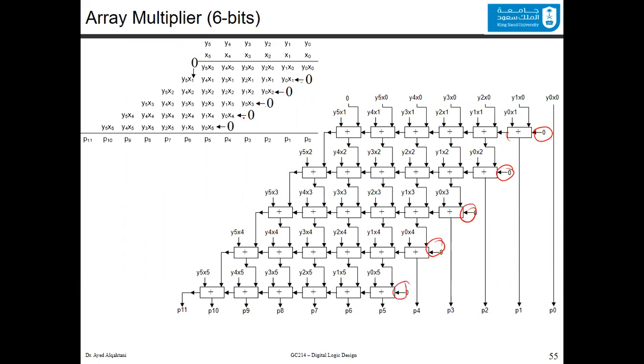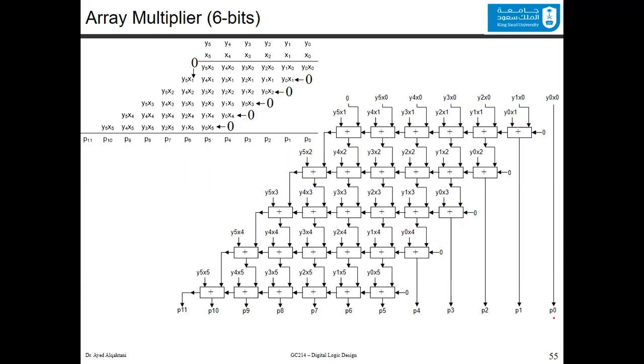You see those zeros are here. The adder at this corner will have only one bit, that is x1, y5, and you have a carry input of 0, indicated by this 0. And you keep doing the addition.